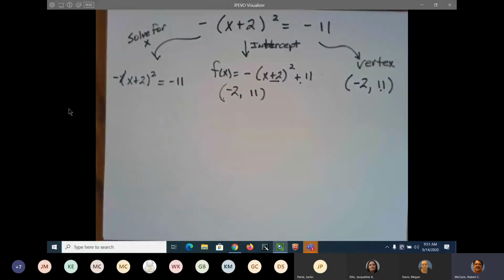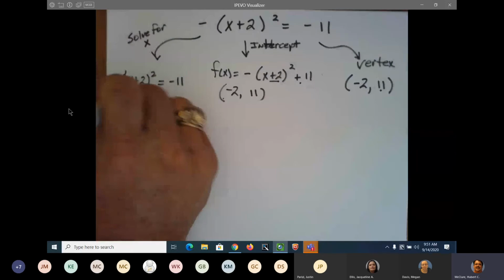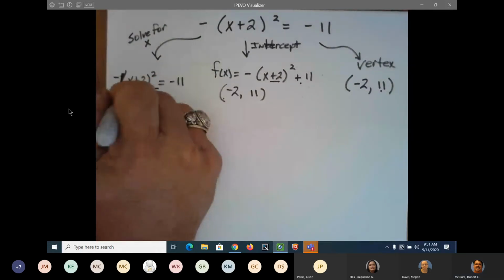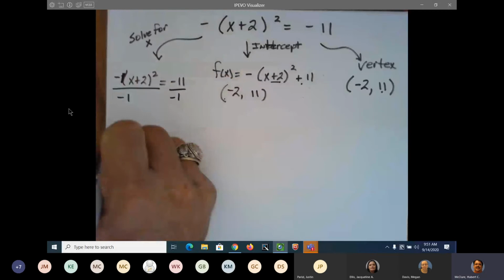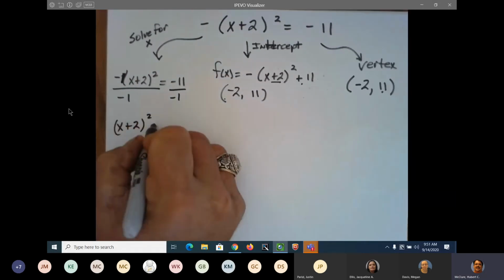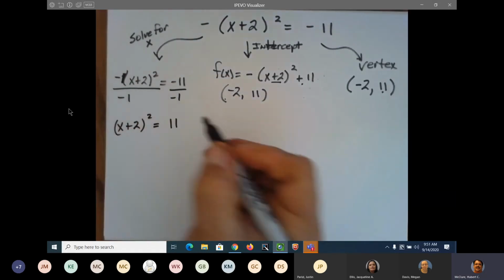That one's dead. I got a bunch of dead ones this morning. So I'm going to divide by negative 1. X plus 2 quantity squared is equal to 11.